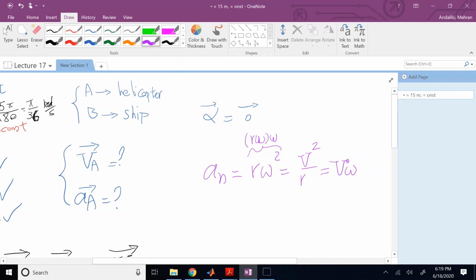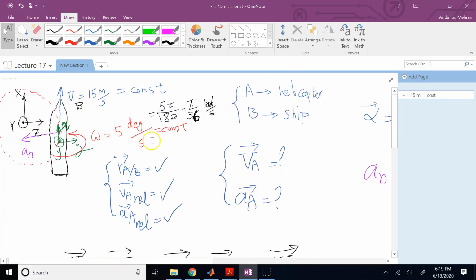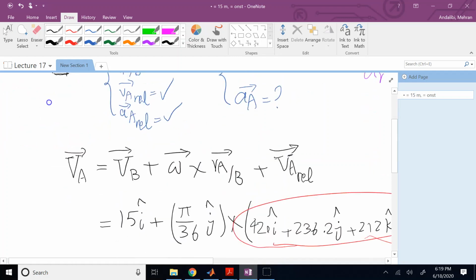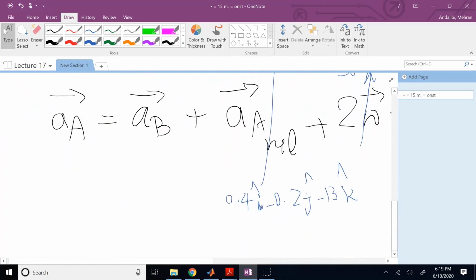So that is the third formula, equivalent to the other two. I can use this one. The good thing about it is it doesn't need R. It just needs V and omega. And guess what? We have both of them. And then again, we know it's negative Z direction. So the magnitude of it is going to be negative V times omega in the k direction.